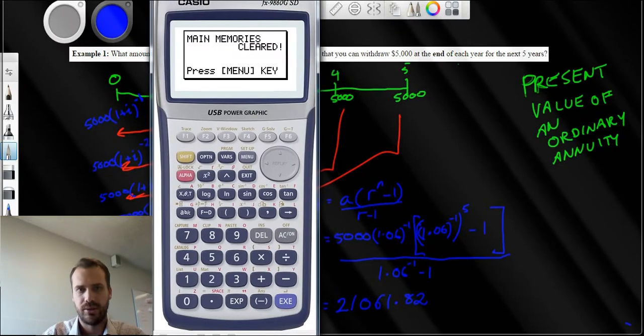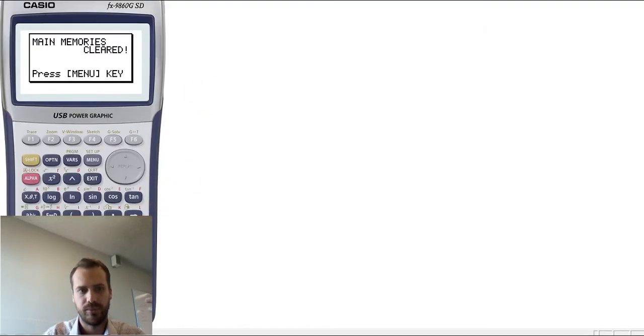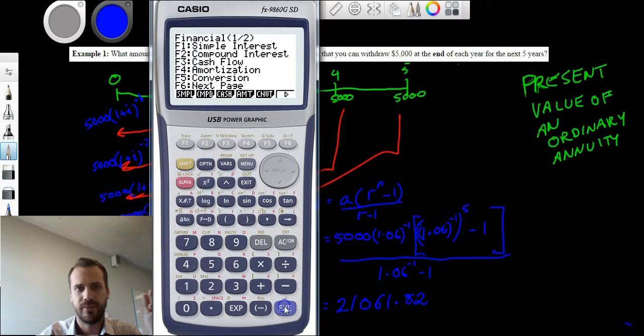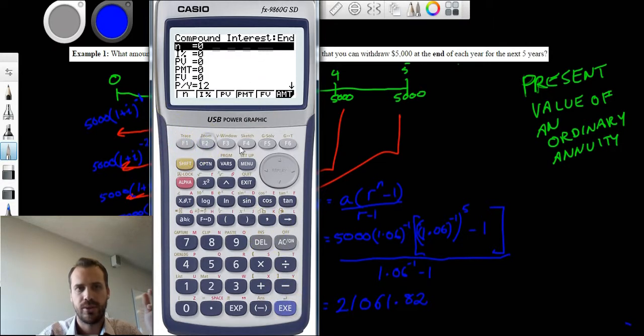Now, obviously, you can check this on your TVM mode in your calculator. Grab your calculator, go into TVM mode. It's going to be compound interest. Make sure it's at the end of each period. That's what it is here. There's 5 years. The interest rate was 6%. We don't know the present value, but we know the payments. They're $5,000 each.